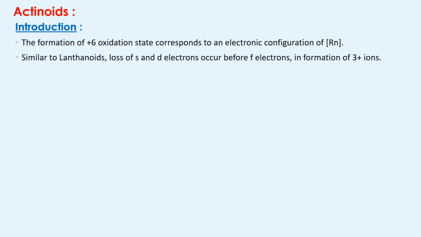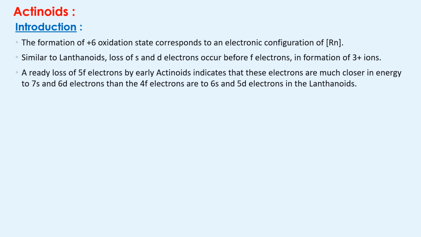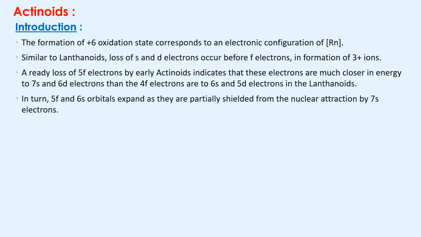Whenever an actinoid is in the +3 oxidation state, the electrons will be lost from the s and d orbitals. The ready loss of 5f electrons by early actinoids indicates that these electrons are much closer in energy to 7s and 6d electrons than 4f electrons are to 6s and 5d electrons in lanthanoids.